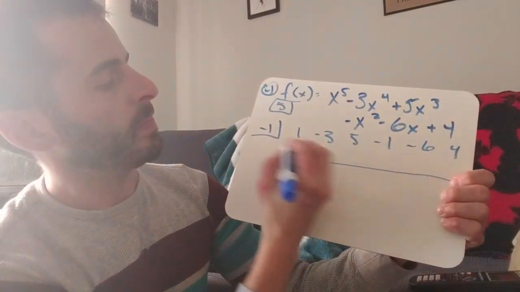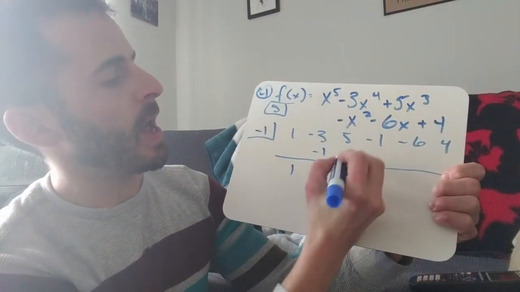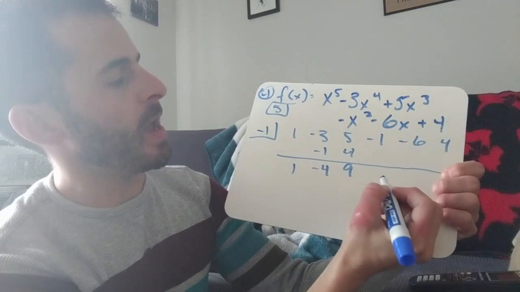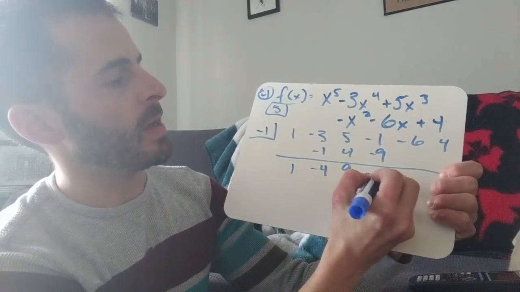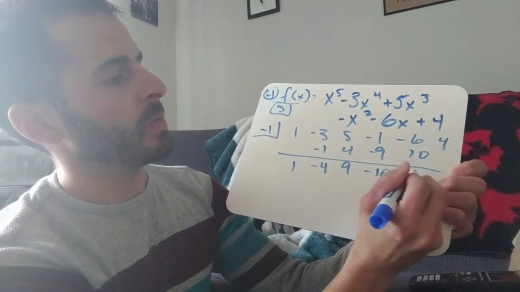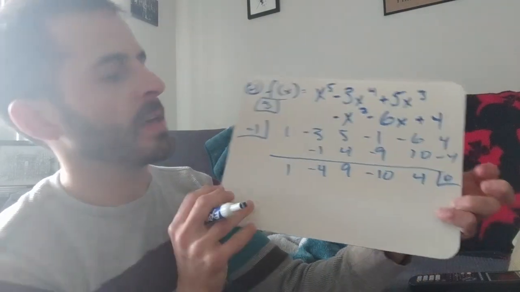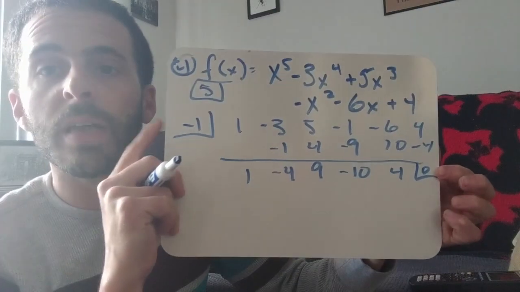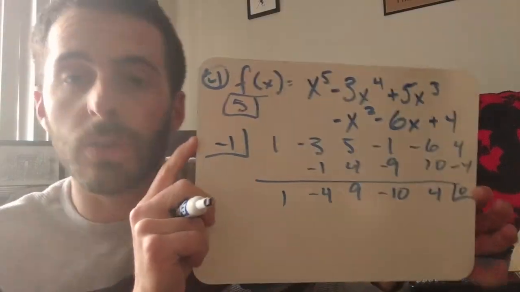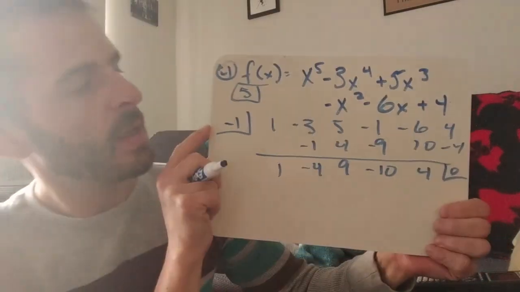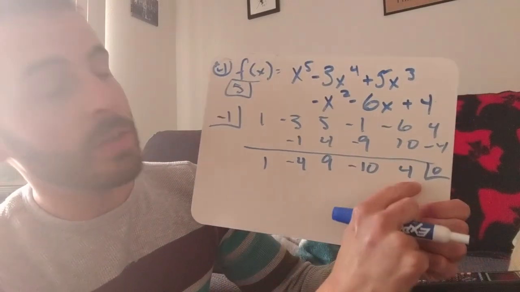Bring down the 1, multiply, add, multiply, add, multiply, add, multiply, add, multiply, and add. Remember, the remainder is 0, which means that negative 1 is definitely a solution, and we did the right thing. Woo! So I have a new polynomial.